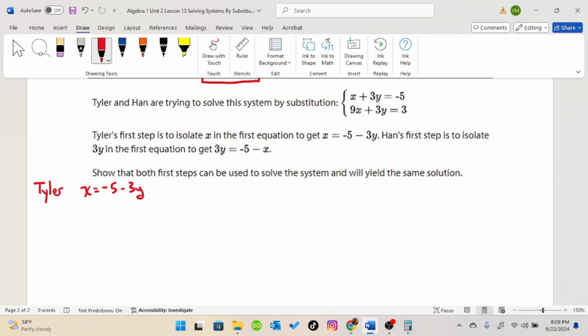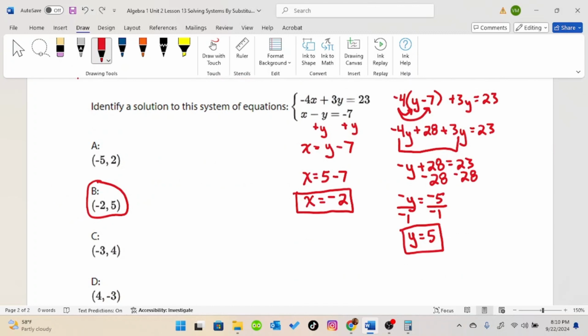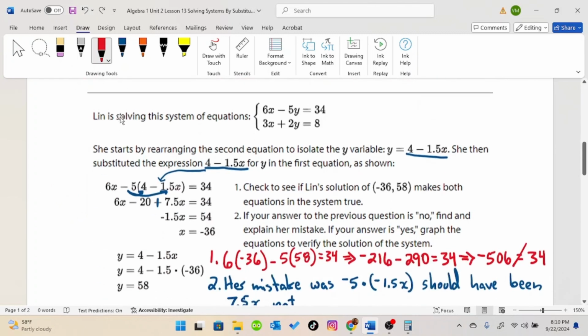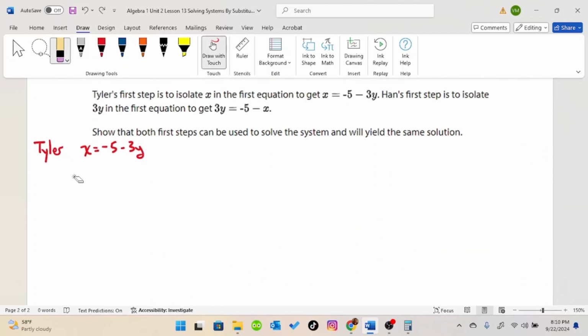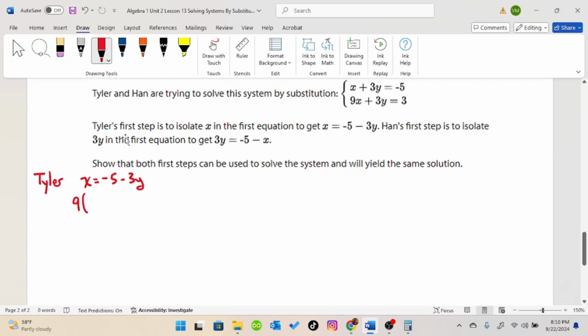Now you can take this value of x and substitute it into the bottom equation, which becomes 9 times negative 5 minus 3y plus 3y equals 3.